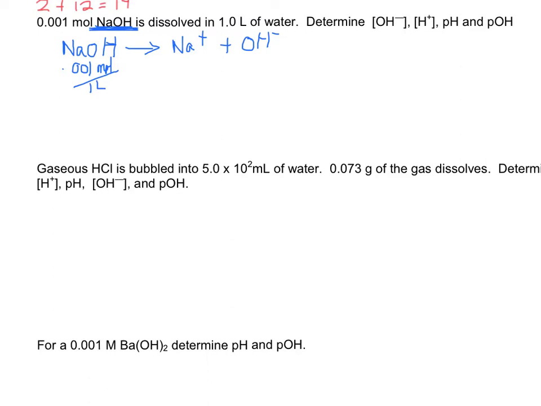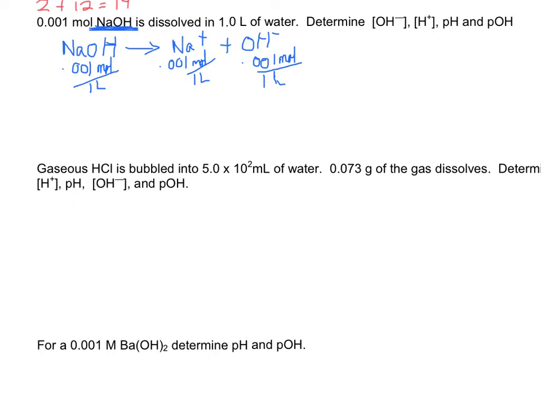Since this is a 1:1:1 ratio, then this is also 0.001 moles per liter, and again, only because it dissociates 100%. You wouldn't be able to do that with a weak acid or a weak base. And again, this would be 0.001 moles per liter as well.